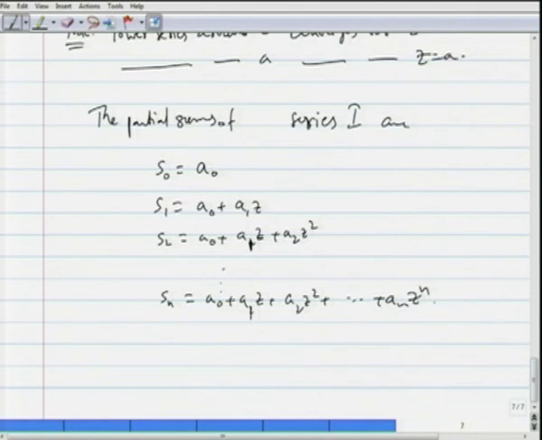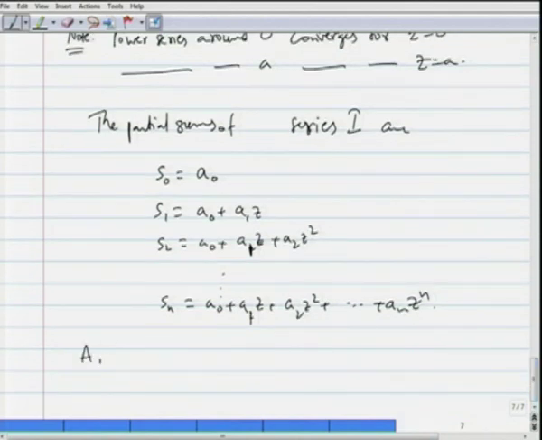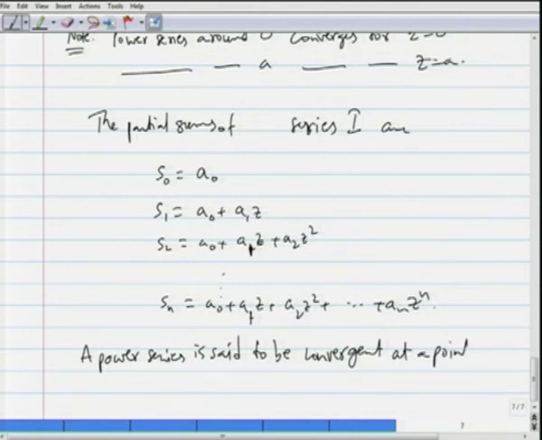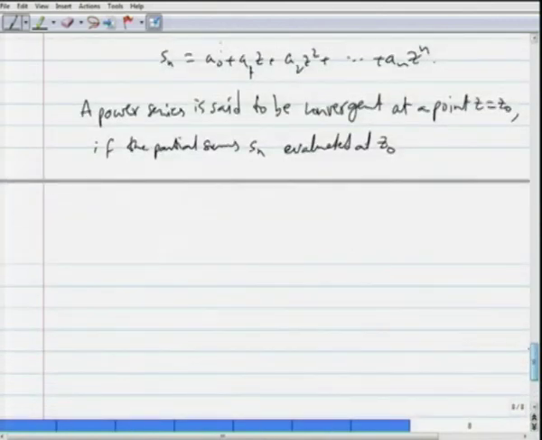So, a power series is said to be convergent at a point z equals z naught if the partial sums S n evaluated at z naught converge to a limit.